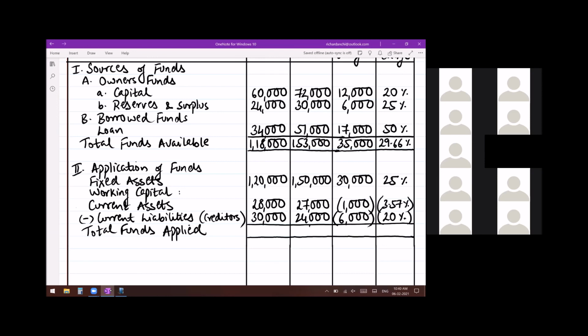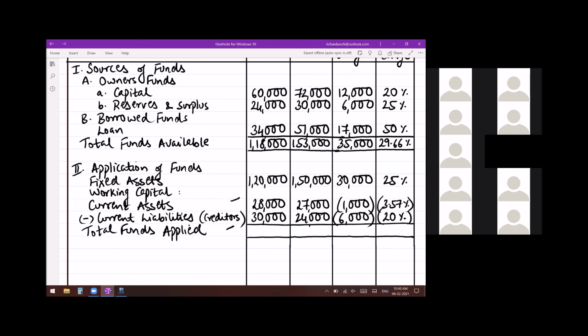Current asset minus current liability it is. So if you take the 2018 column, 1,20,000 plus 28,000 and minus 30,000 current liability, you have to deduct from that side. Don't add up all the three figures. The top two figures are plus and current liabilities you have to minus. So do that. 120 plus 28 minus 30,000.